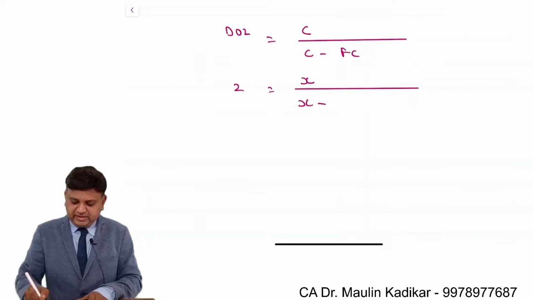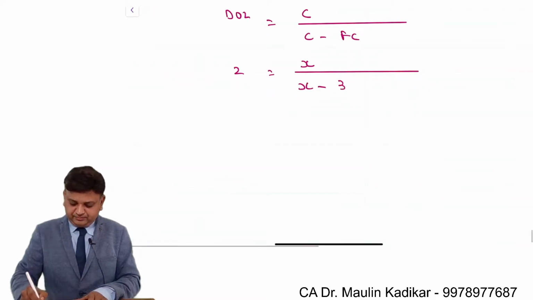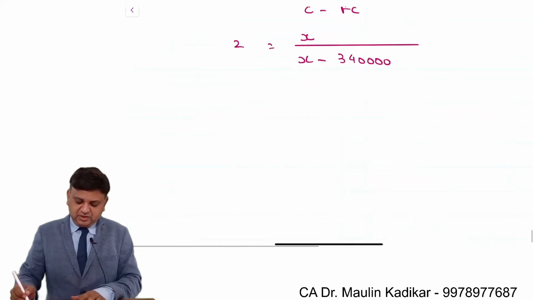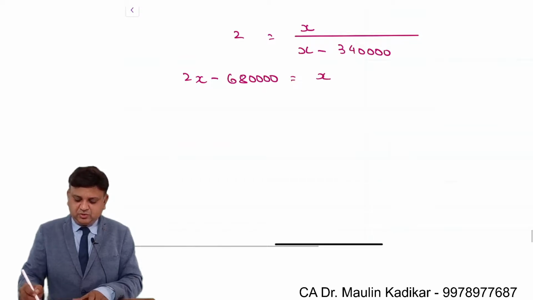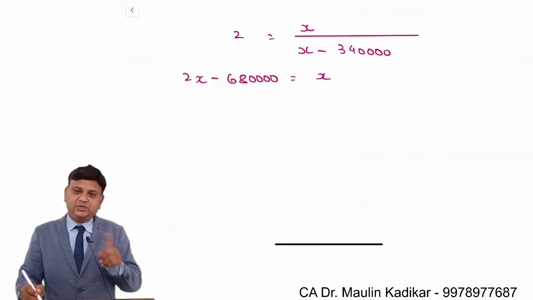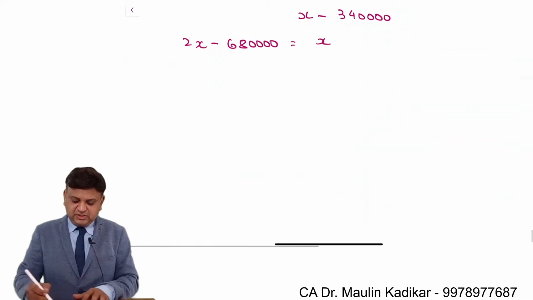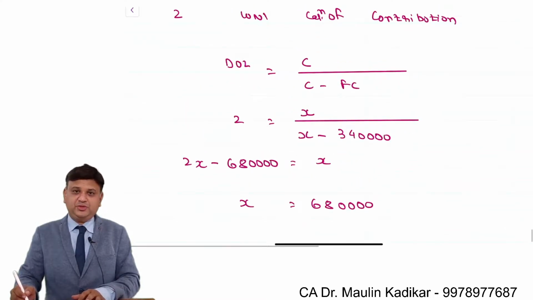Divided by x minus, what is the amount of the fixed cost? 3,40,000. So x minus 3,40,000 is transferred on the opposite side, so it will go into the numerator. So 2x minus 6,80,000 is equal to x. X is transferred on this side, so it will become negative, and 6,80,000 is transferred on the opposite side, so it will become positive. So x is equal to 6,80,000, and that is the contribution.